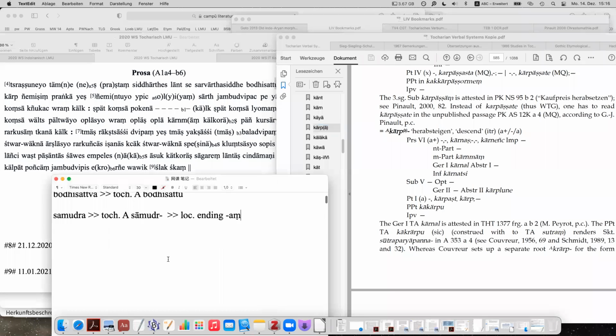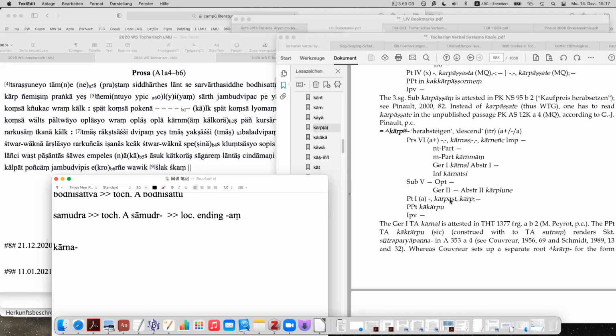So again, I have to explain a little bit. So this is a nasal stem, karp na. But check it, we have three consonants here. So this is the reason why the middle P was dropped. So we have karna here. So karna, yeah. But the preterite, the first preterite, so we have an R preterite here.